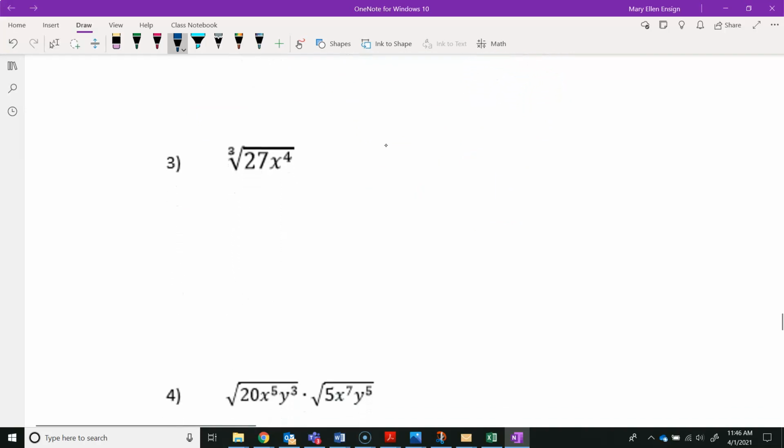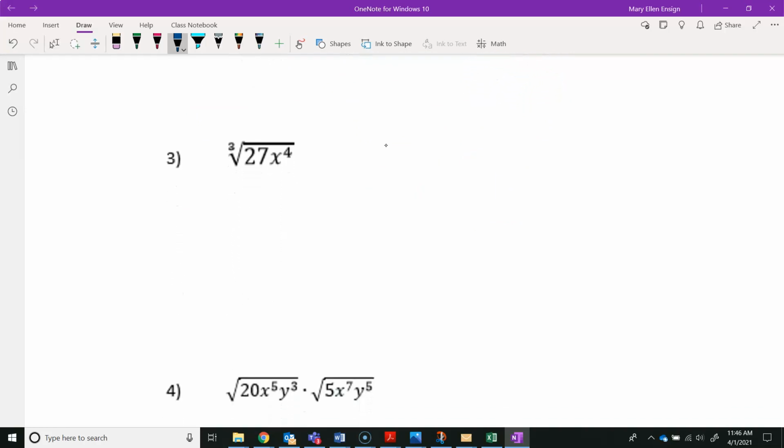Okay, in number 3, there's actually a typo in here that I'd like you to change to match the completed notes. So this right here should be, instead of a 4, we're going to make it into a 6. Okay, so we're going to have cube root of 27x to the 6th.